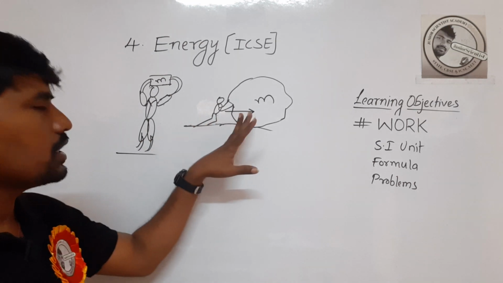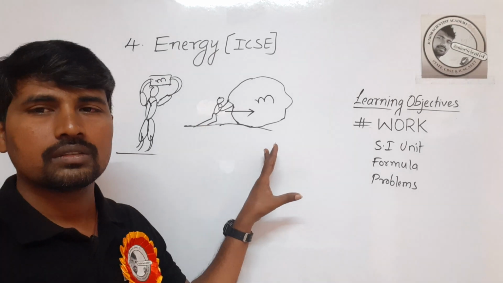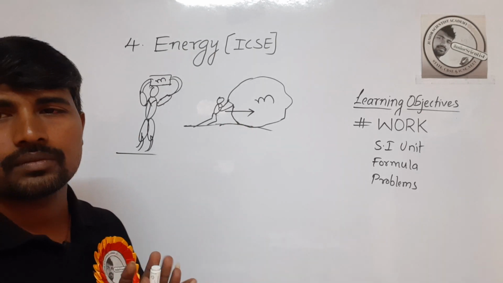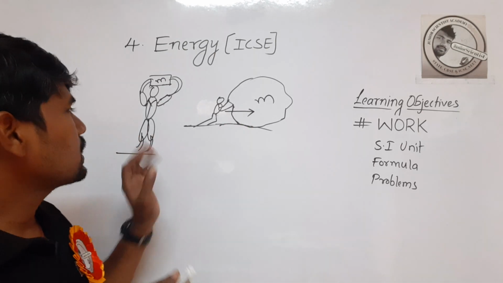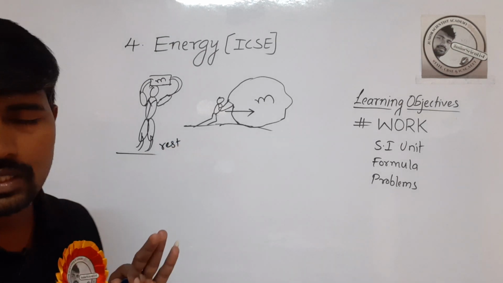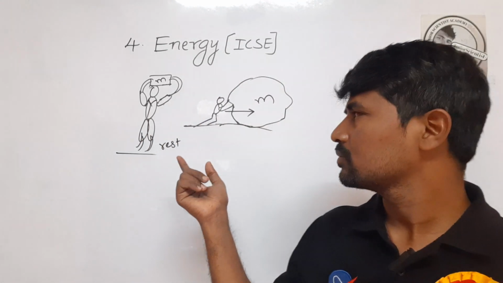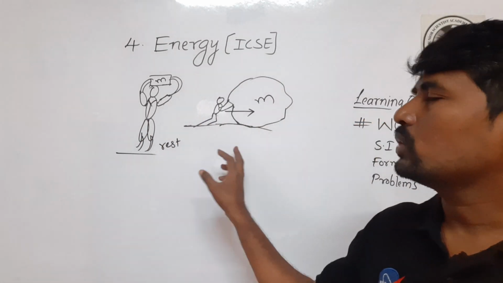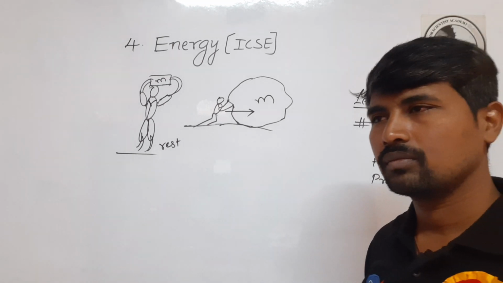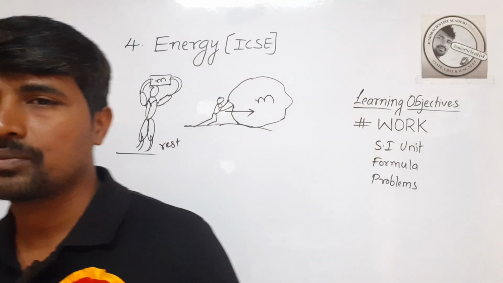The person is pushing a heavy weight, a big stone, but it is not moving. Even though he is applying force, it is not moving. Here also the person is at rest. So in these cases, no work has been done. Homework, talking and speaking are also not treated as scientific work.